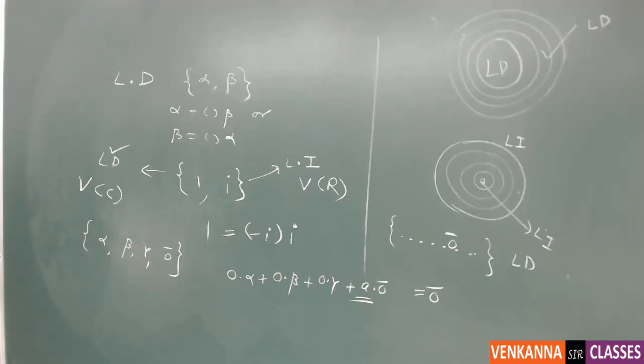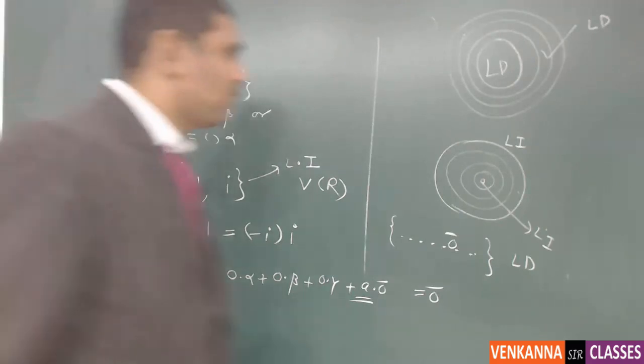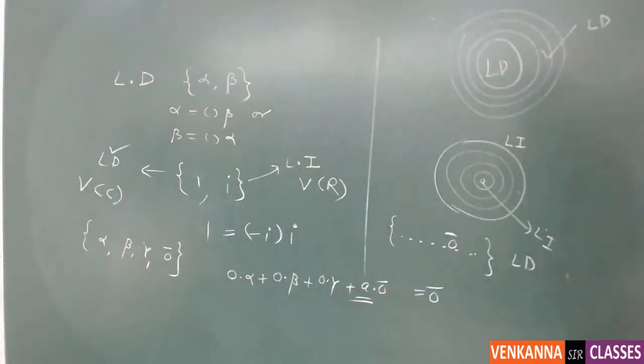So from this perspective, we can say that whenever you mention an independent set, all the vectors are non-zero. If I have mentioned that it is a linearly independent set, all the vectors in that set are non-zero vectors. And I can say two more results.